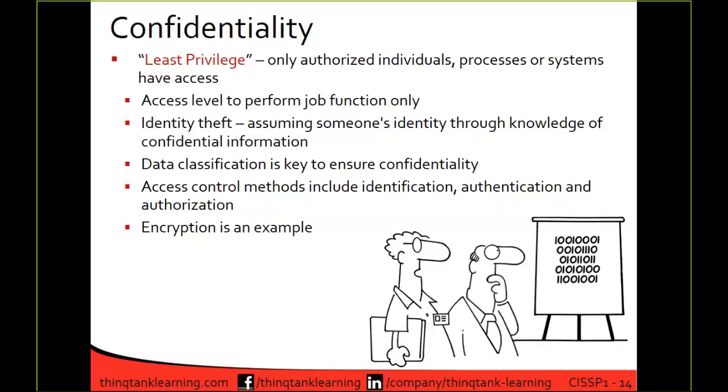To ensure confidentiality, oftentimes we have to classify the information because we apply different levels of controls, administrative, technical, etc., to those data sets based on their classification. So data classification is key to ensuring confidentiality.